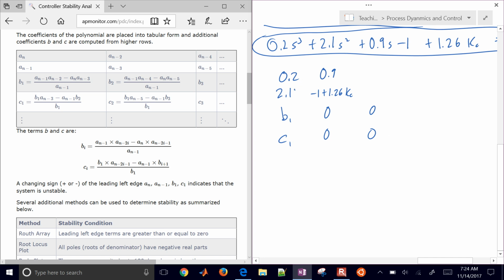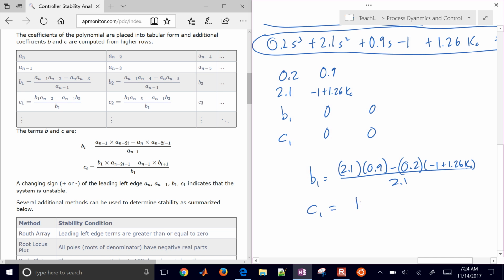So to do this, I'm going to multiply this by that, and that minus that times that, divided by the 2.1, and so B1 is going to be equal to 2.1 times 0.9 minus 0.2 times -1 plus 1.26 kc, divided by 2.1.